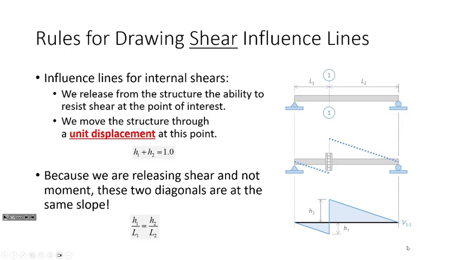If I look at this line, the slope is H1 over L1, and this line right here has slope H2 over L2. So I have 2 equations I can solve: H1 over L1 equals H2 over L2, and my second equation is that H1 plus H2 is 1.